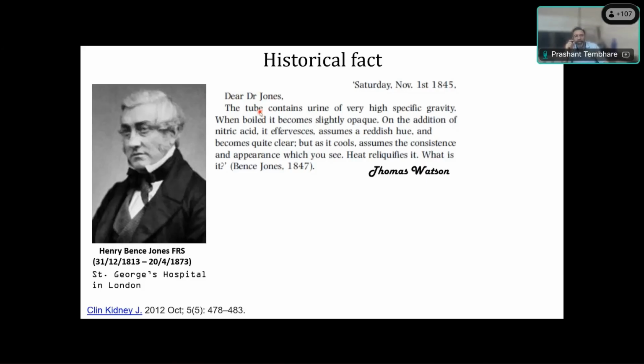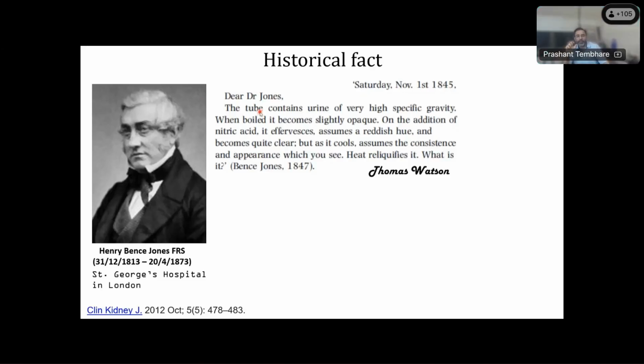Now listen to that. It contains urine with very high specific gravity. When boiled, it becomes slightly opaque. On addition of nitric acid, it effervesces and becomes quite clear. But as it cools, it assumes the consistency and appearance which it had. So heat re-liquefies it.